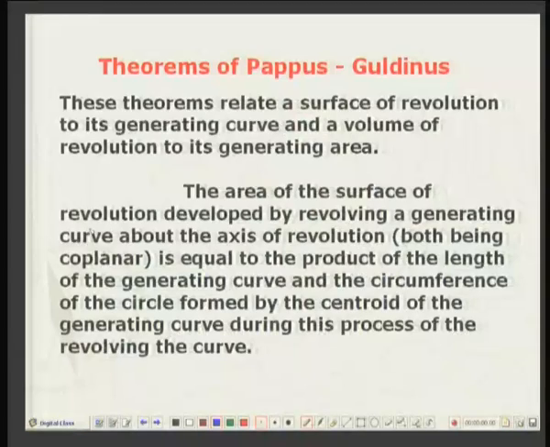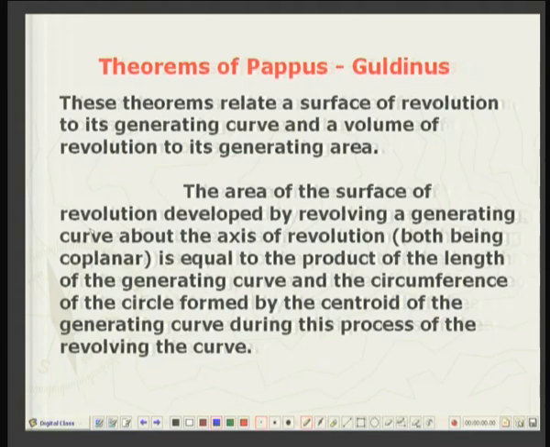After discussing the centroid of volumes and centroid of lines, now we will come to the theorems of Pappus and Guldinus. These theorems relate a surface of revolution, I will explain what a surface of revolution is, to its generating curve, and a volume of revolution to its generating area.